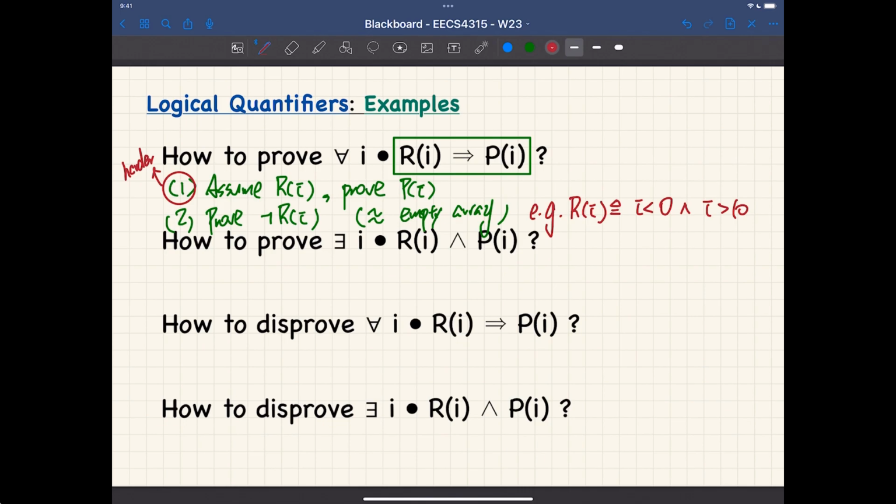It's not possible to be in both ranges at the same time, so it'll be false. Just one example. If I say this implies a certain property on I, you only have to show that this is not possible. I already got this one false, so I don't even need to look at this one here. So this is already false, so the entire implication is true.